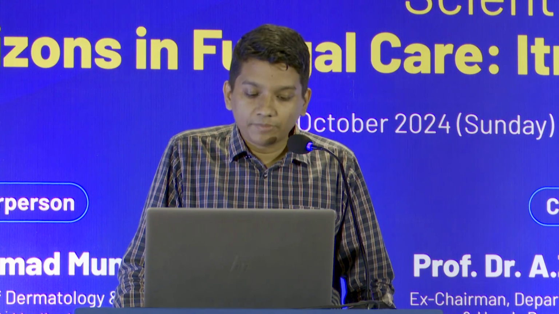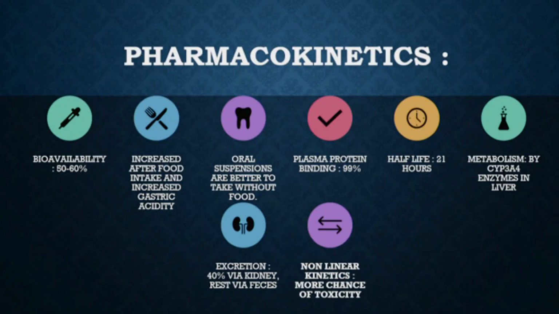It has a plasma protein binding of 99% and a half-life of 21 hours. It is metabolized in the liver by the cytochrome 3A4 enzyme, and about 40% is excreted by the kidney and the rest in the feces. The most important thing to note is that it has non-linear kinetics. That means that after administration of each dose, a fixed amount rather than a fixed percentage of the drug is excreted.